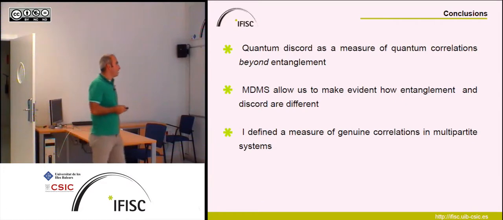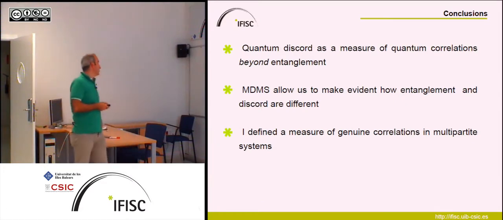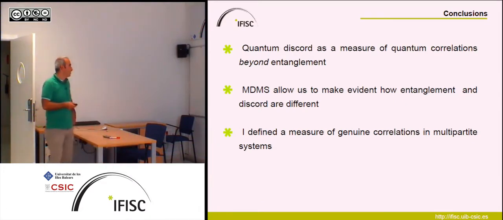So I think this is the last point of my talk. I want to conclude by saying that I introduced the quantum discord as a measure of quantumness of a system beyond entanglement. There are effects that are not caught by entanglement but are caught by discord. We found a family of states that make evident the difference between entanglement and discord.